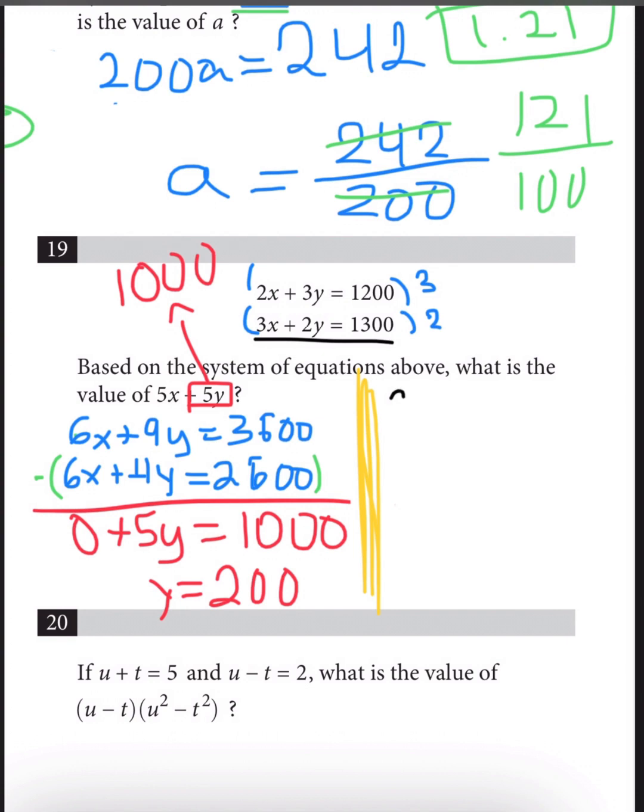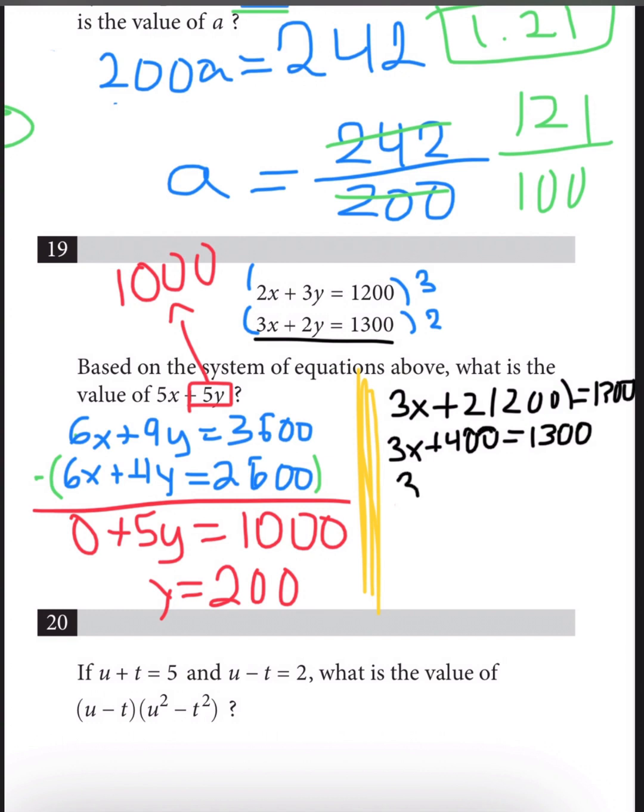So we do 3x plus 2 times 200 equals 1300. Okay. Then we do 3x plus 400 equals 1300. Sorry, my zeros for some reason are not closing all the way.